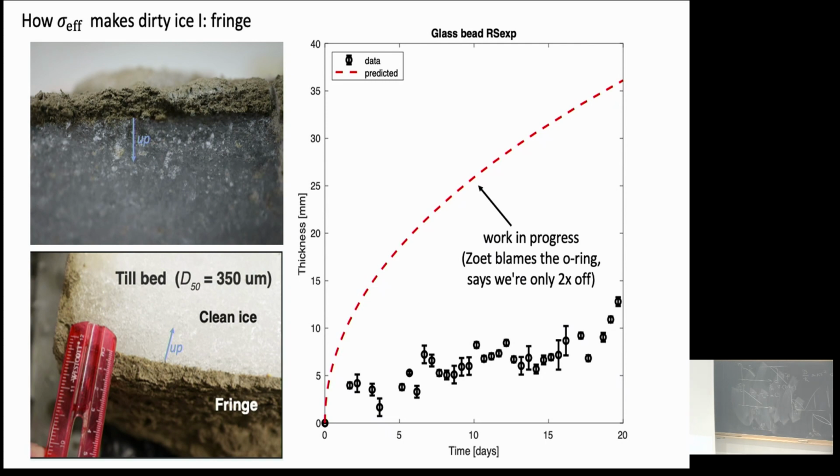So this is the first effort, and by the time this makes its way, hopefully, to publication at some stage, it will be much better. But it's that sort of behavior. The nice thing is we grew the fringe, okay? So that can make ice dirty, okay?